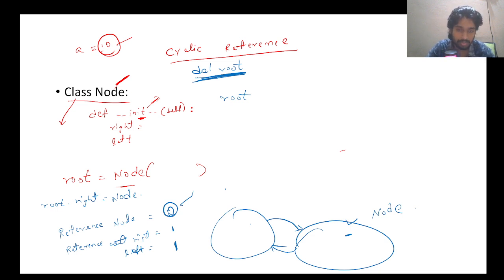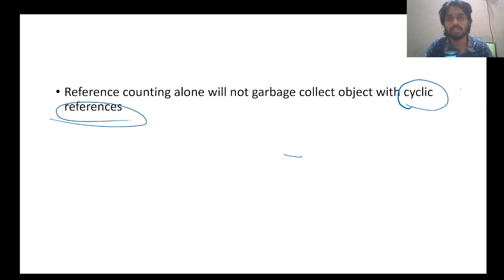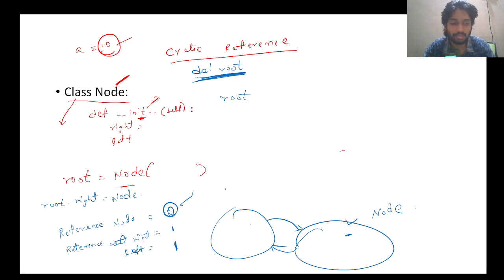Now we use the concept of tracing here. Reference counting alone will not garbage collect objects with cyclic references. We saw an example here. If nothing is being pointed to these objects, there is no way that we can delete them.